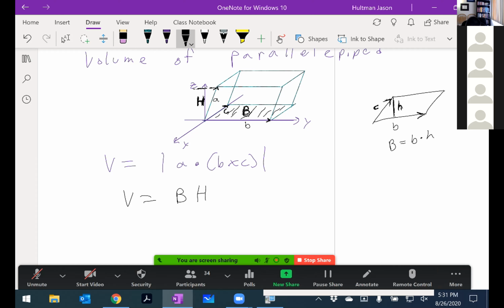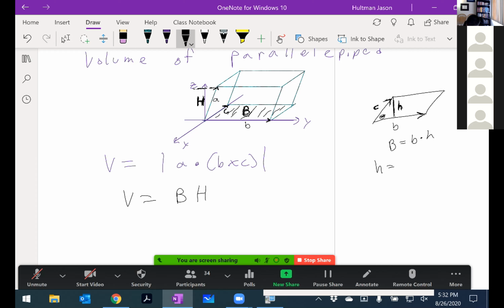Little h. How could I find little h based on vectors B and C? Well, can't I say that this is angle theta? Couldn't I say that that's angle theta? Remember, this is the base. Isn't that angle theta?